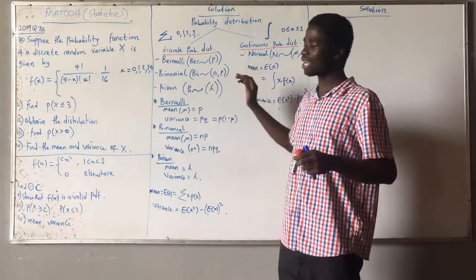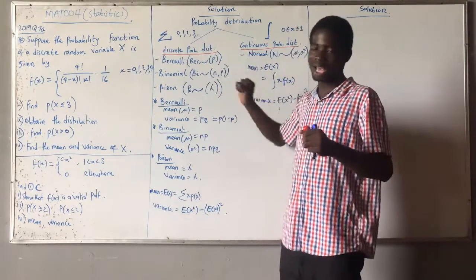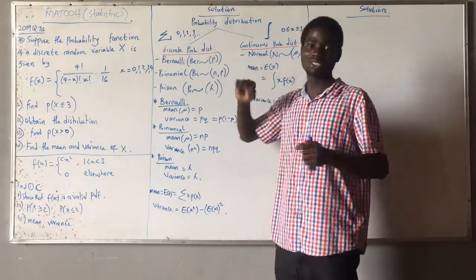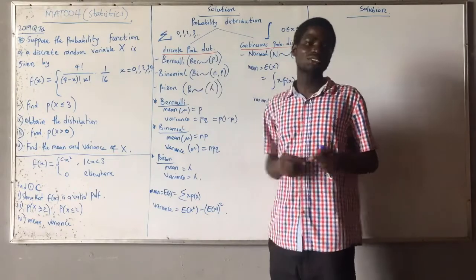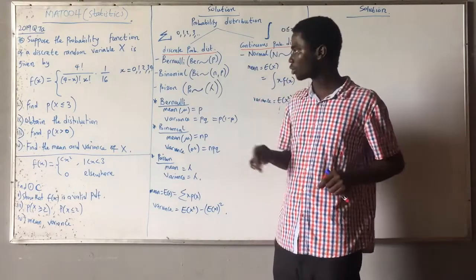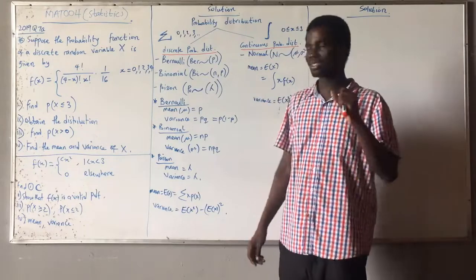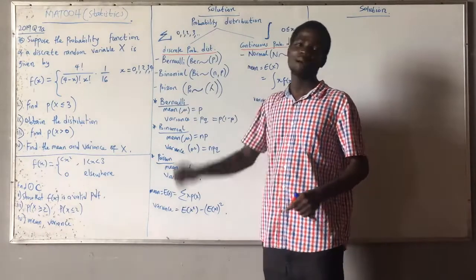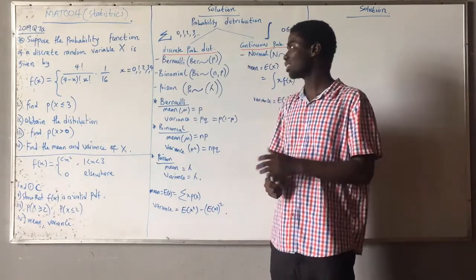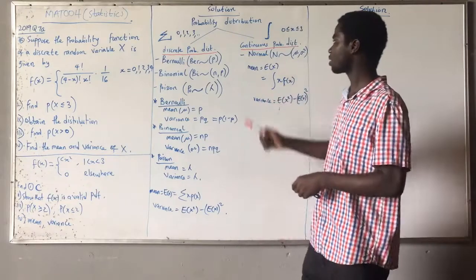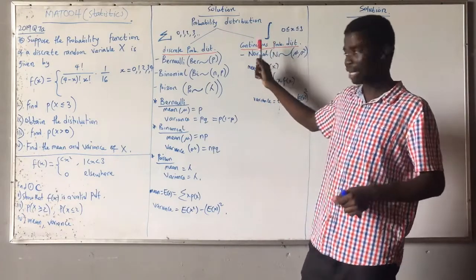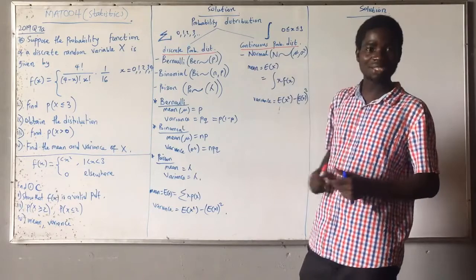So these three ones are what you call discrete probability distribution. Bernoulli distribution is a discrete probability distribution, binomial is a discrete probability distribution, Poisson distribution is also a discrete distribution. So under your syllabus, the only one that is a continuous probability distribution is a normal distribution.